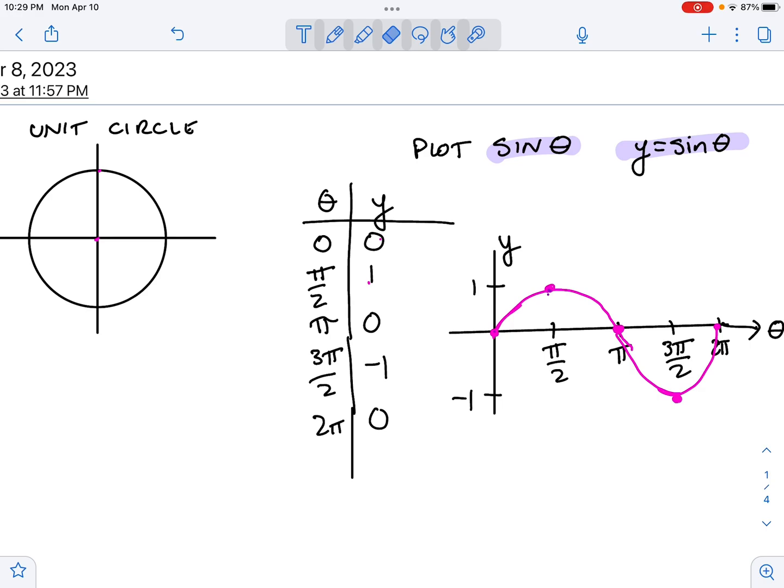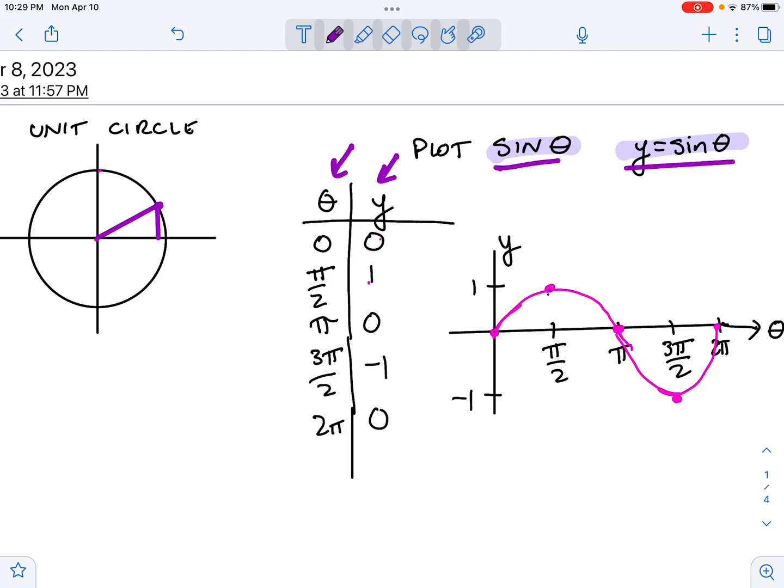So if we're going to plot sine of theta, typically we'd say y is equal to sine of theta. If we did a graph with theta and y, we would come up with these values. Just to review, if you had a point right here, you make a triangle.